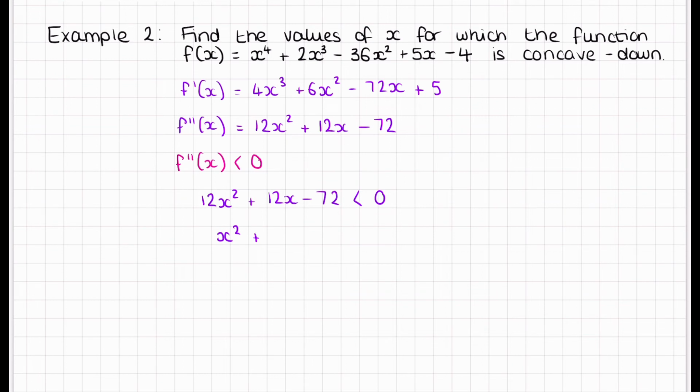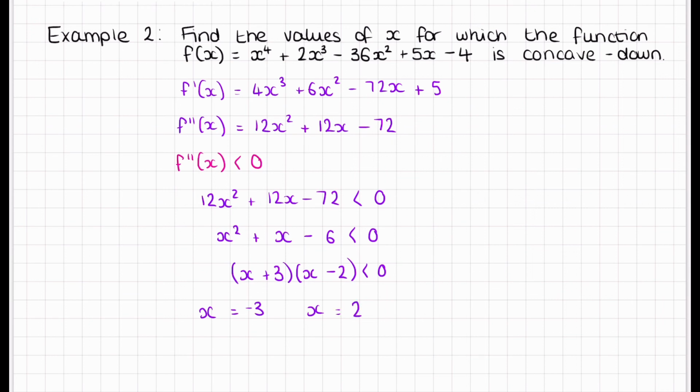So we'll have x squared plus x minus 6 less than 0, and then we can factorise that, and we will end up with x plus 3 and x minus 2 is less than 0, which means our x can be between -3 and +2.